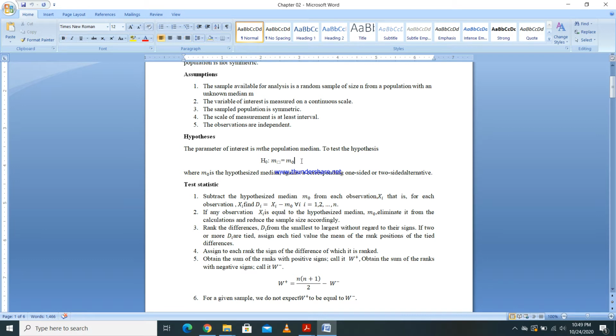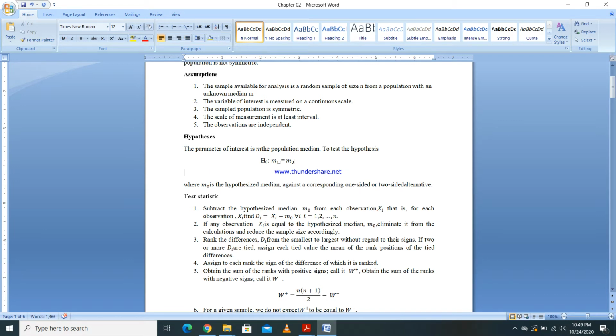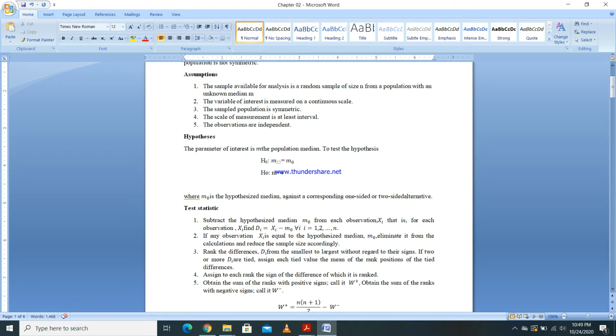For an example, I'll write it here. Let's say you are going to test whether M is equal to 4, and let's say your data set consists of 1, 3, 2 and 5.